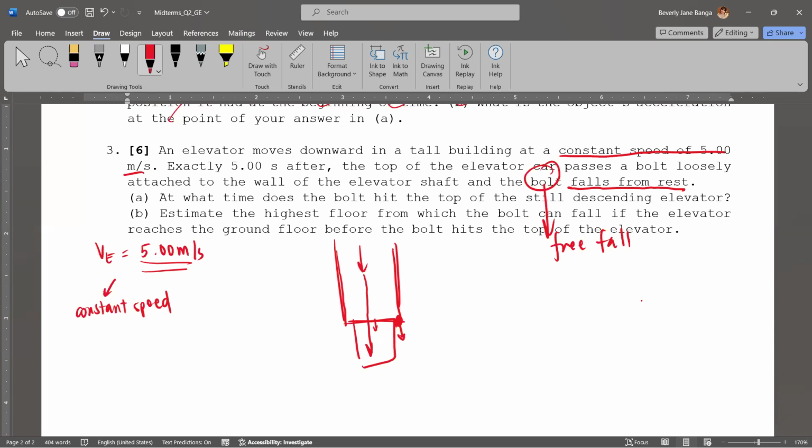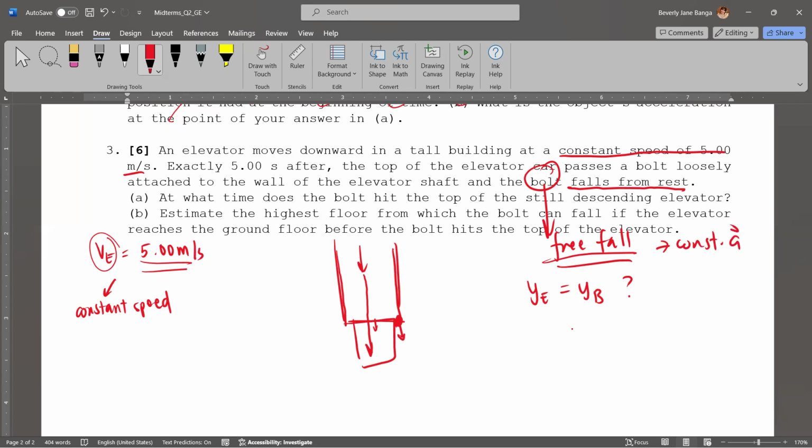Ibig sabihin, kailan mag-i-equal yung Y ni elevator at yung Y ni bolt. Kailan sila papantay, di ba? So again, for the elevator, it's constant speed. For the bolt, it's free fall, meaning this is constant acceleration.